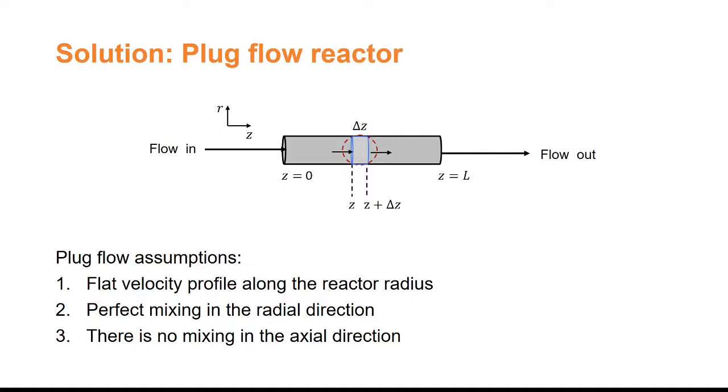Here, they are going to depend on the position inside the reactor. In principle, the radial as well as the axial position, but shortly, we will make some assumptions that will allow us to neglect the changes in the radial direction. Our control volume is a differential element inside the reactor.